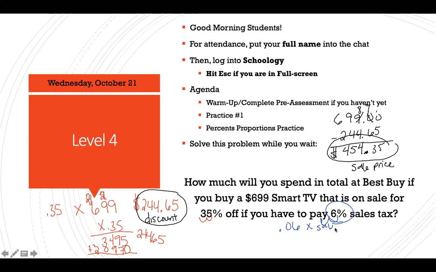All right. So I take my 454.35, and I'm going to multiply it in this top corner here. I'm running out of space. I'm going to multiply it by 0.06. All right, so we're going to multiply it.